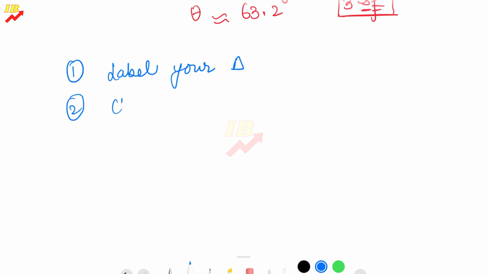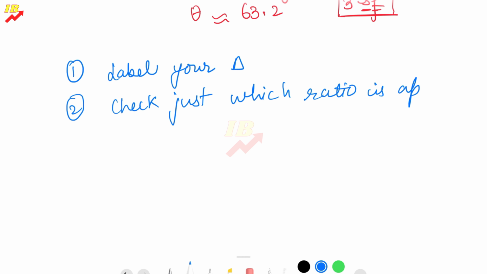Just check which trigonometric ratio is applicable. And third point is that you always write your answer in three significant figures. That is a must thing. That is how you can easily solve trigonometric triangles.